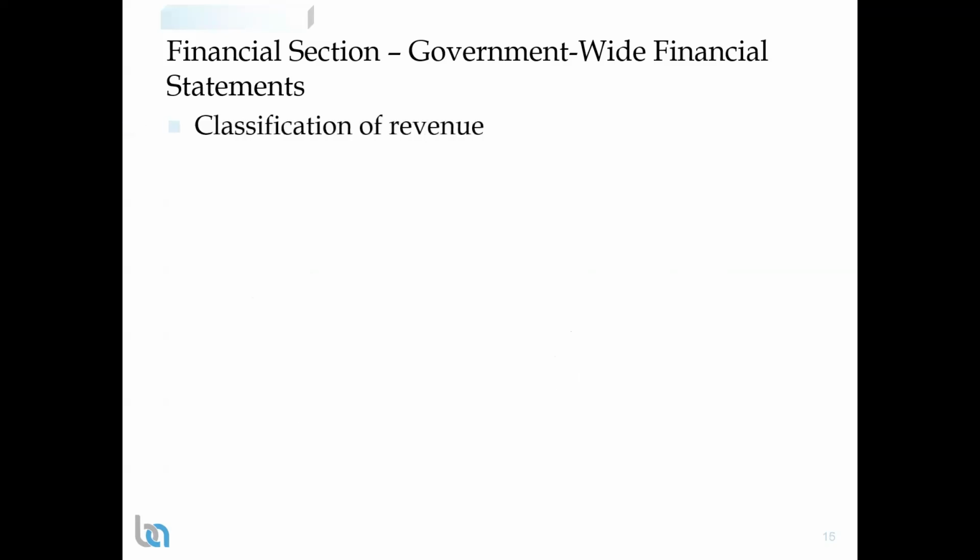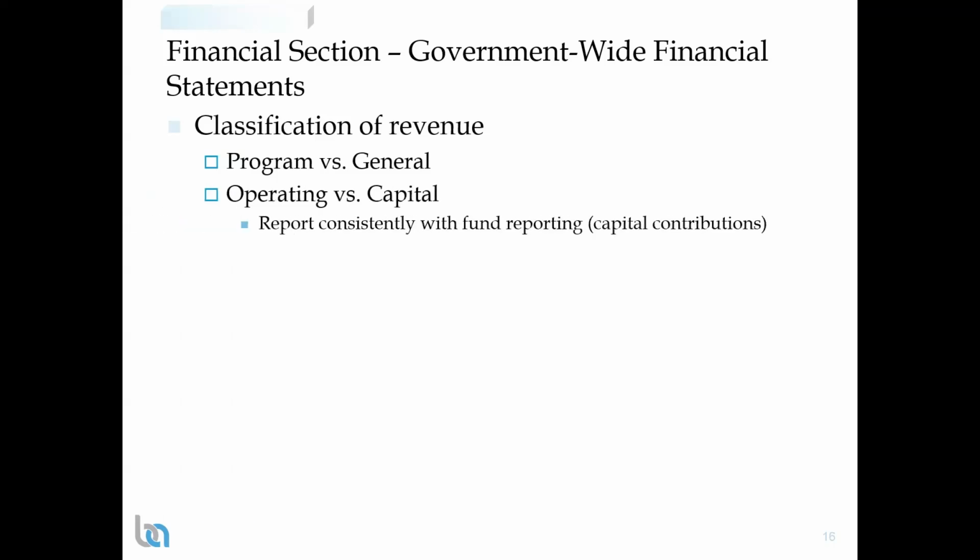Again, classification of revenues. Regarding your capital program revenues, on your statement of activities, you have capital revenue, that's program revenue that's reported in your enterprise funds. So it has to be consistent.